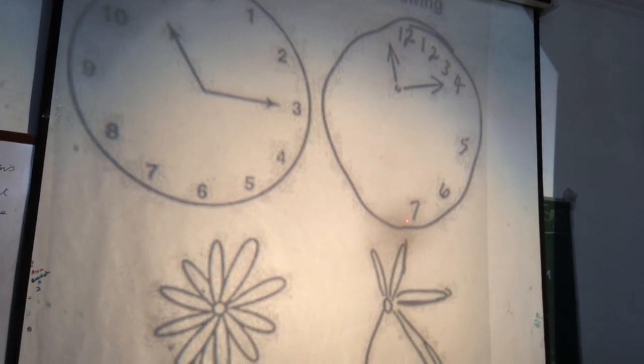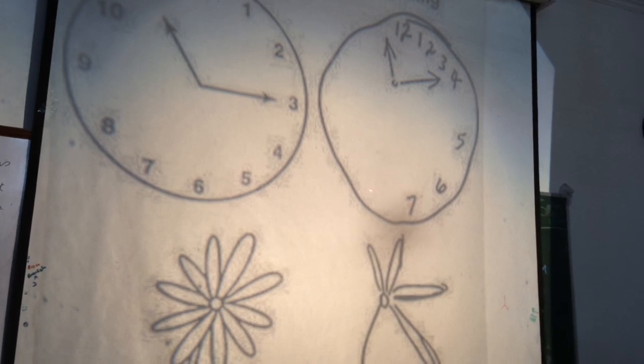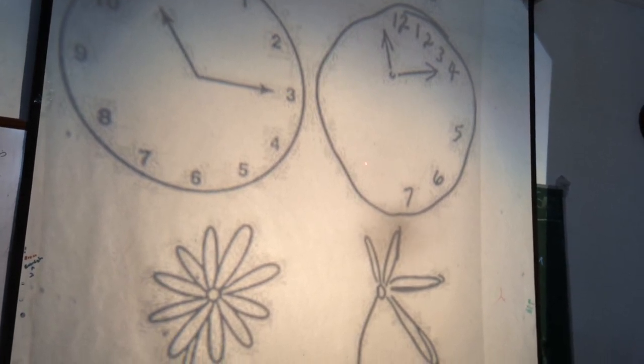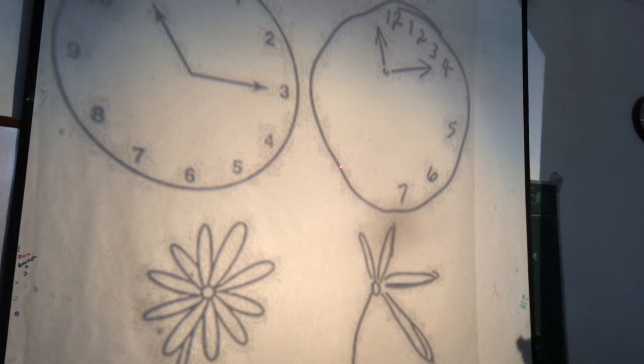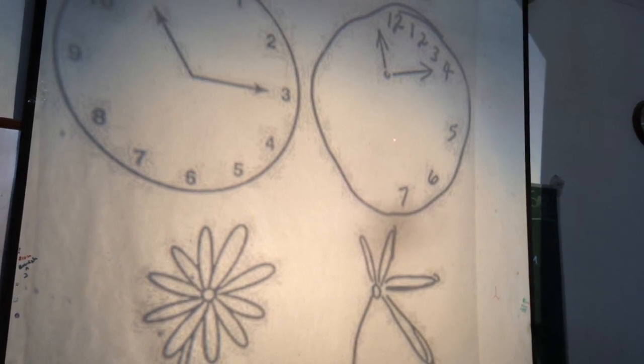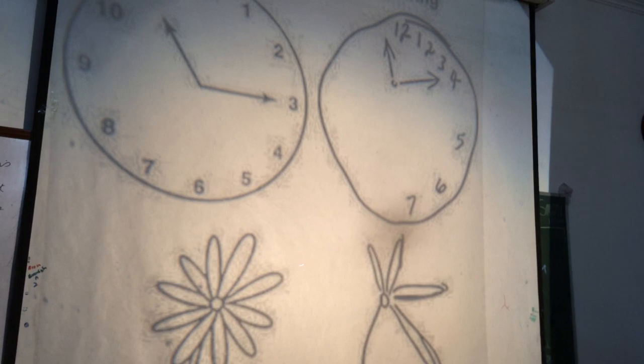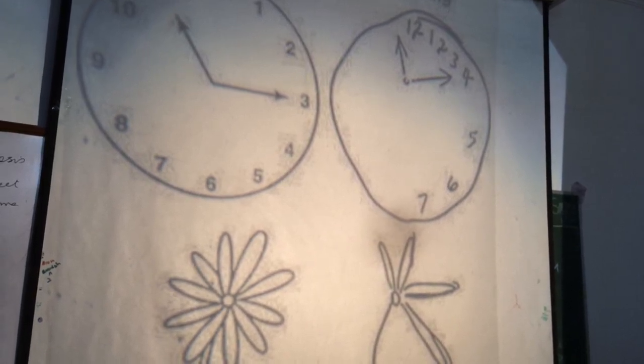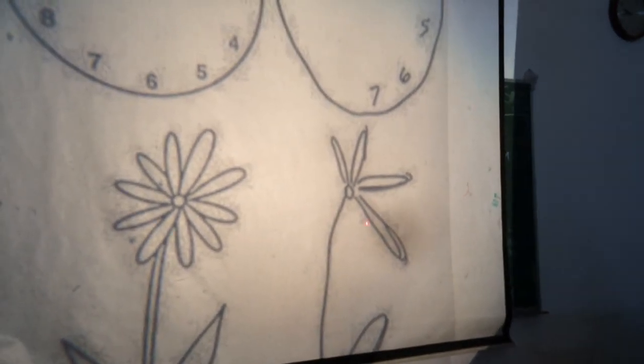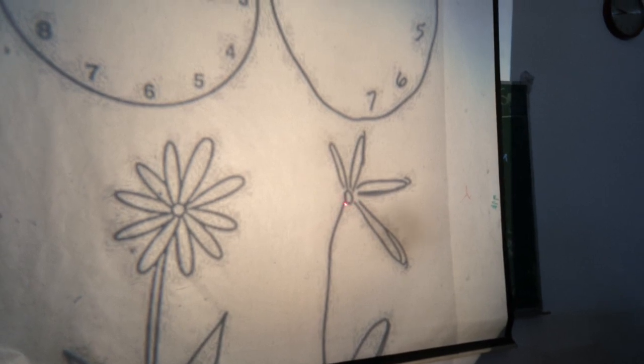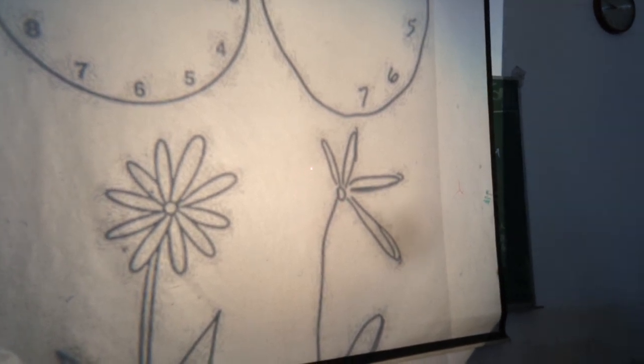This type of clock he will draw. And you see the left side of the clock is not properly drawn. Only right side, not left side. Similarly, in this flower, the normal person's drawing, and this is the drawing of the patient having the posterior parietal cortex lesion on the right side. You see, the left side of the flower is not properly drawn by this patient. This is called amorphosynthesis.